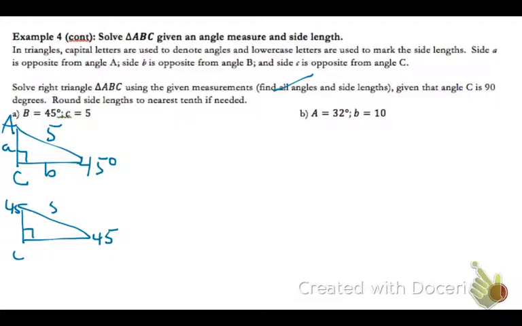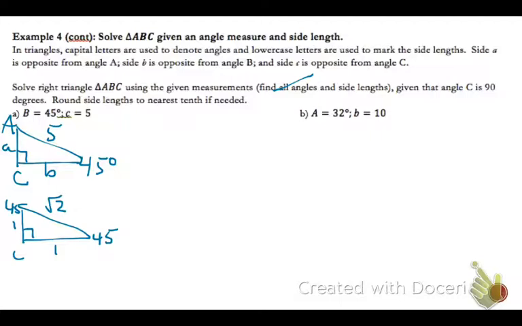So what that means is that our side lengths are going to be in the ratio of 1, 1, square root of 2. So we could set up a ratio or proportion.